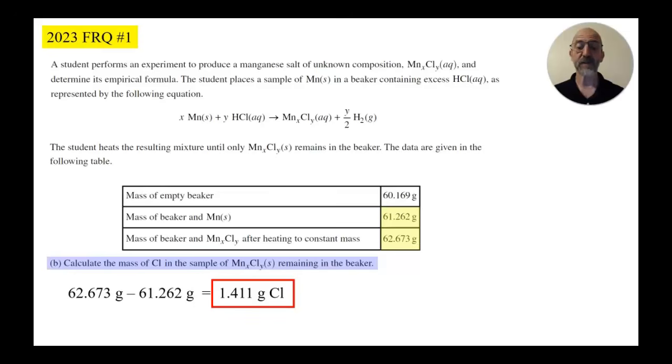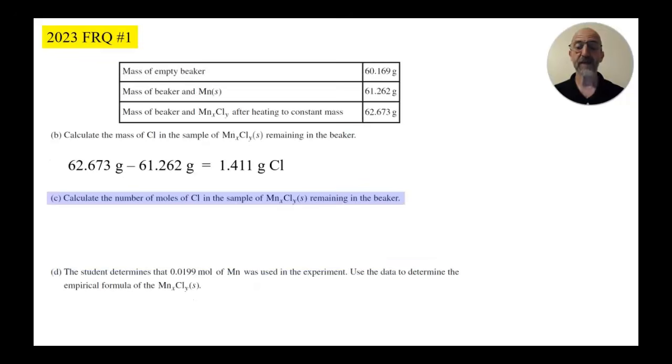And now we're going to do something with 1.411 grams of chlorine atoms. So calculate the number of moles of chlorine in the sample. So here's what the student did. They looked on the periodic table. They found the atomic mass or the molar mass of Cl, which I believe is 35.45 on the periodic table, and they wrote this for their answer.